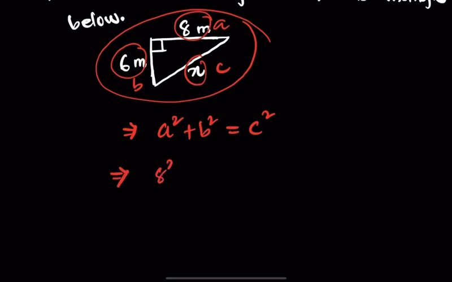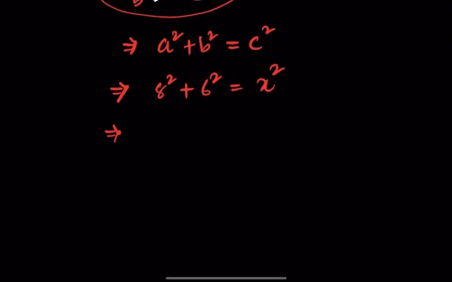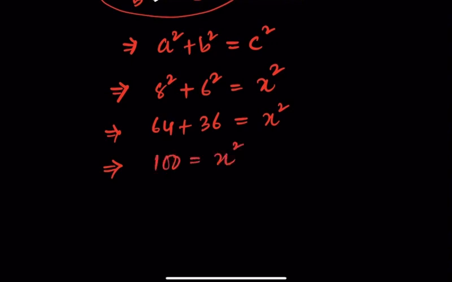A squared is 8 squared, b squared is 6 squared, and c squared is x squared. 8 squared is 64, 6 squared is 36, which is equal to x squared. 64 plus 36 is 100, which is equal to x squared.